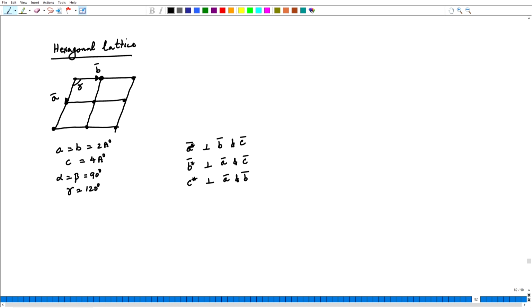Now, let this be, let us say, the direction of the B vector. Now, A star vector must be perpendicular to the B vector. Therefore, if my B vector in the real lattice is horizontal, then my A star vector should turn out to be perpendicular, so it will be vertically down, and then let me complete the diagram after this.